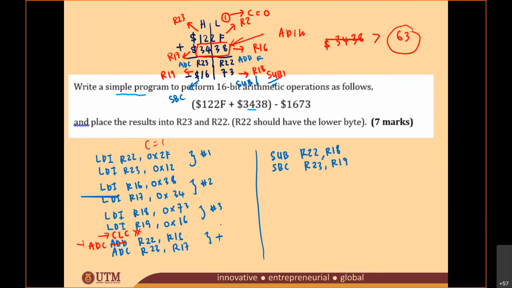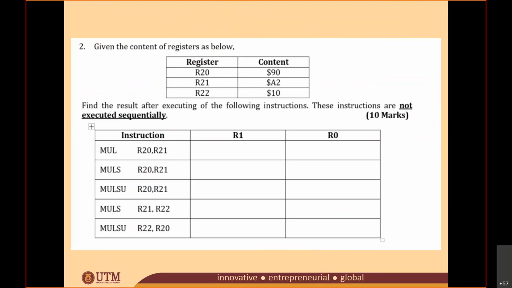If no question, we're going to do the last example. This is taken from the previous test, if not mistaken. This is the kind of analysis question that will be asked in your test or in your final exam.